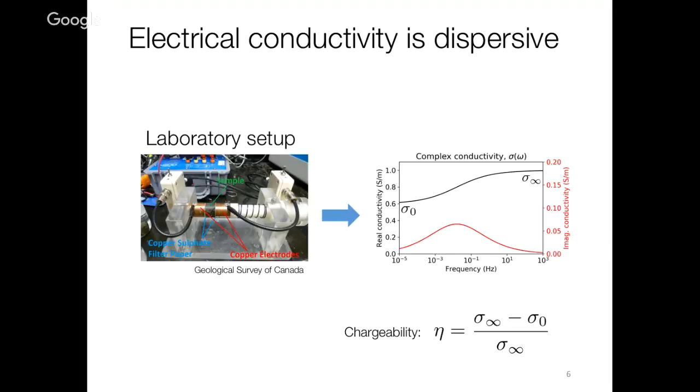If I did the experiment at 1,000 hertz, maybe it's like 9 ohm meters or 8 ohm meters. So the resistivity is actually dependent upon the frequency. That's kind of interesting. Instead of saying this rock is 9 ohm meters, it actually depends upon what frequency you're measuring at as to whether it's 8, 8.5 or 9 ohm meters.